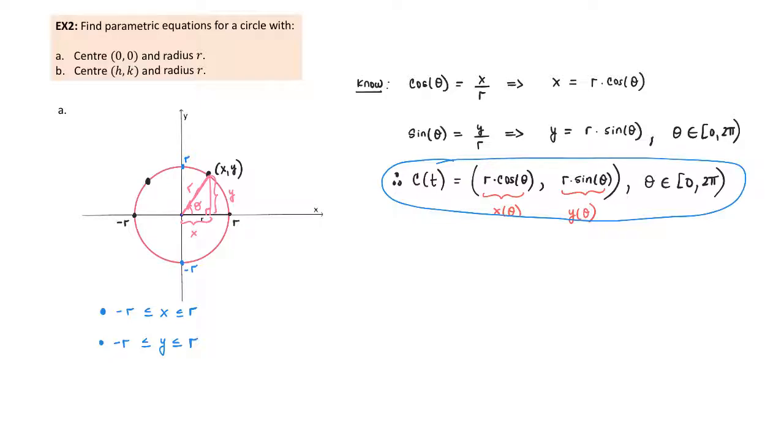Now what we have to do is to figure out the flow of motion. But I think that you can already see that, right? That doesn't require a lot of work. Theta ranges from 0 to 2 pi. When theta is equal to 0, we're here at r comma 0.